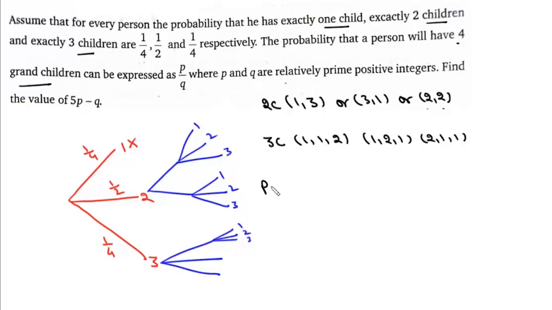Now this required probability will be, probability of having 2 children is 1 by 2 into, now 1 and 3 is 1 by 4 into 1 by 4.